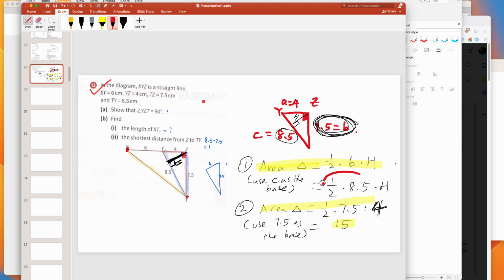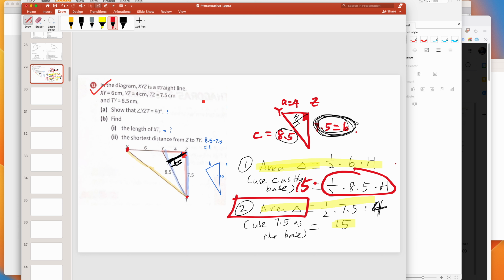This one is half times 8.5 times h. So this half times base times h is supposed to give you the area of triangle, right? And the area of triangle is solved by using method 2, right? What's the value? 15. Yes.